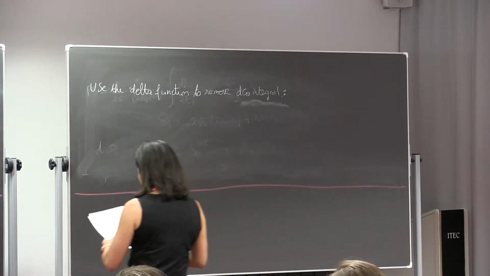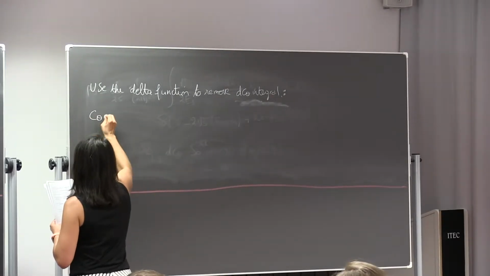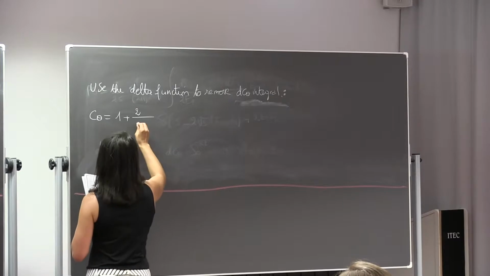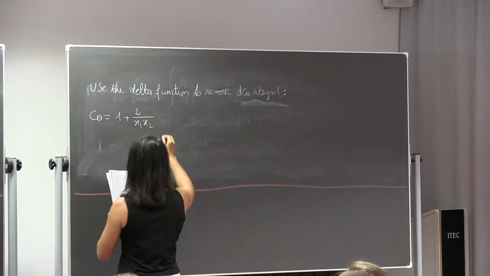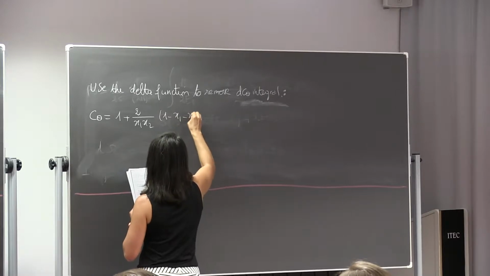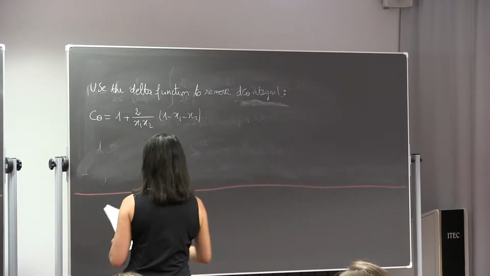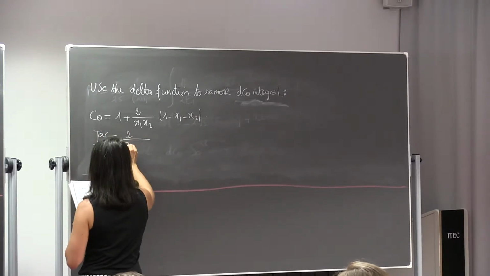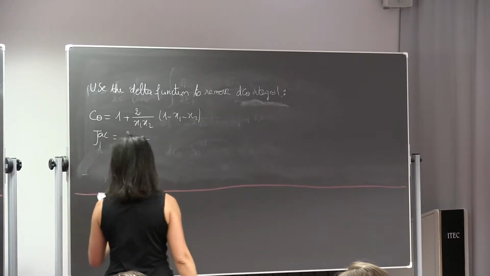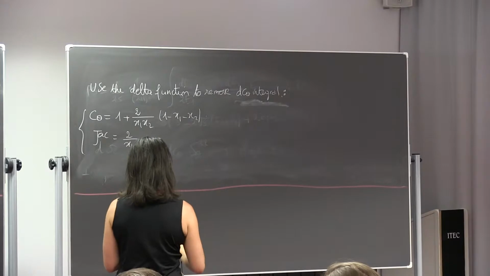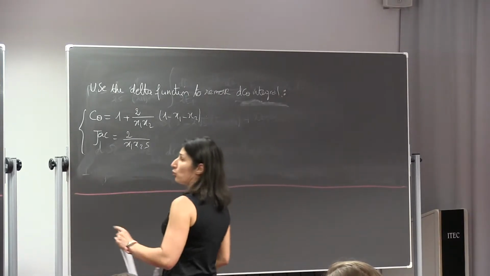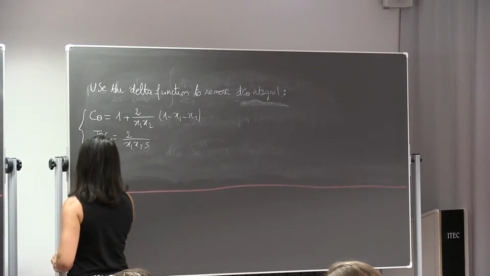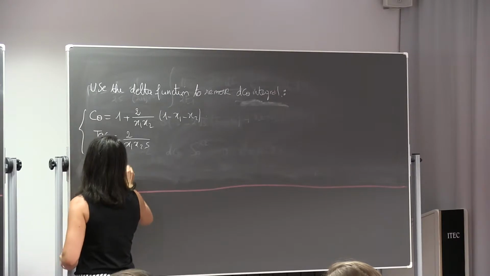So when you do that, what you find is the following. The cosine theta is now 1 plus 2 over x1 x2 times 1 minus x1 minus x2. And the Jacobian is 2 over x1 x2 s. And if you want to get 1 minus cos theta squared, which is what appears in our denominator, in terms of x1 and x2, you get it from here.